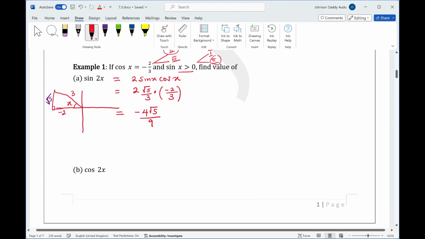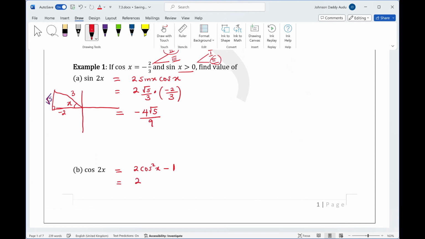Okay, now cosine 2x, we can use any of the formulas. We have 3 formulas, so you can use any one. We can use the third one, which is 2 cosine squared x minus 1. And this is just going to be 2 times cosine, which is already minus 2 over 3 squared, then minus 1.